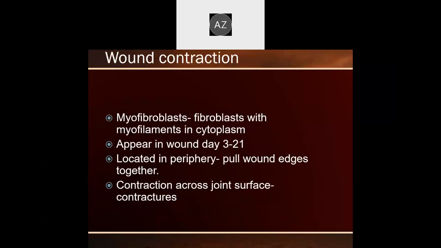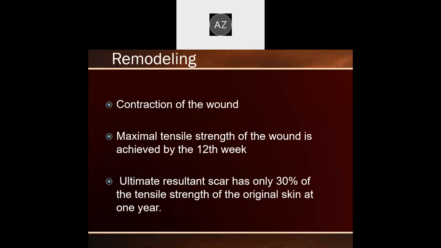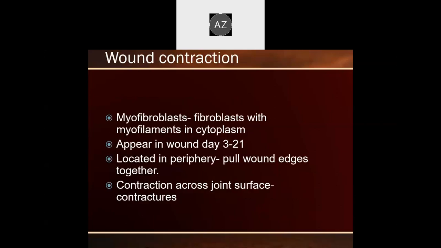Then what is wound contraction therefore? Very high yield, because we've said contraction of the wound happens. So in remodeling, we have myofibroblasts. The cells that are responsible for laying down the myofibrils with their myofilaments in the cytoplasm. They appear in day 3 to 21. They're located in the periphery.